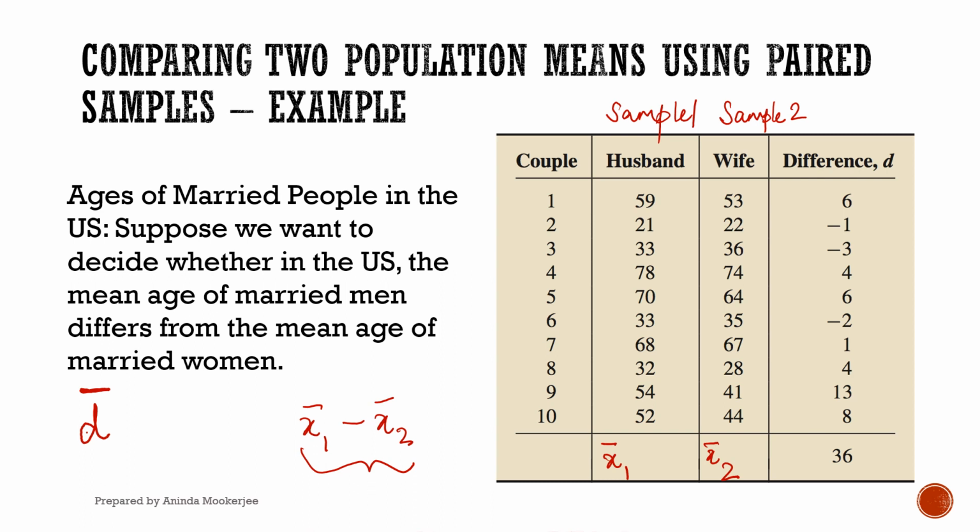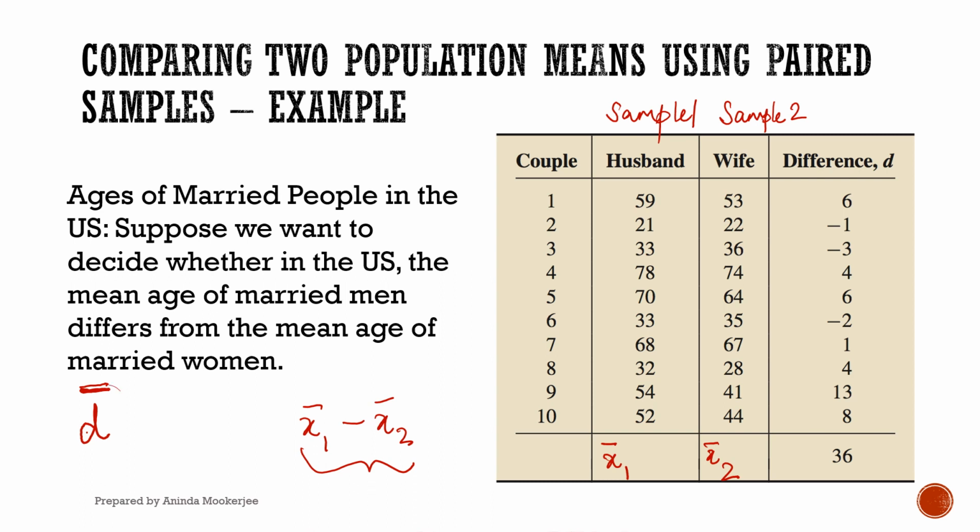So we sum up all the D values, the differences denoted by D, and then find the mean difference. D bar, just like x bar means sample mean, D bar is the mean difference. Anything with a bar on it in statistics suggests a mean.